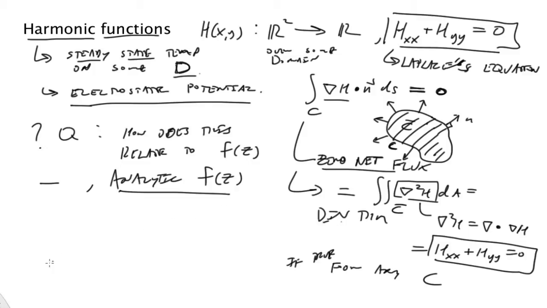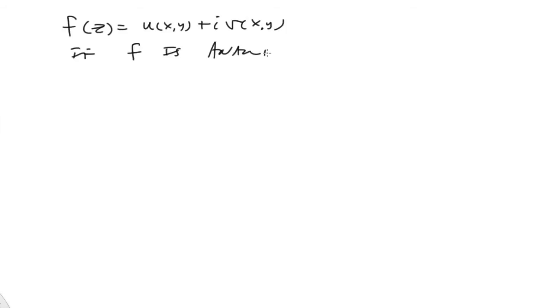So it turns out, and now let's go to a new page, recall that if we write f(z) equal to u(x, y) plus i v(x, y), and if f is analytic in some domain D of the complex plane, then u and v are both harmonic.